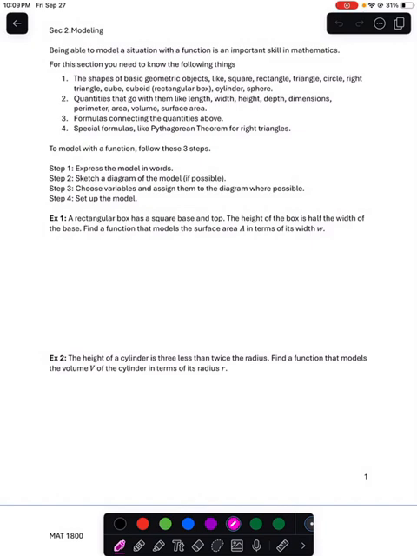Cuboid is a rectangular box, and cylinder, sphere. So these shapes, you should know how they look and be able to draw them on paper.